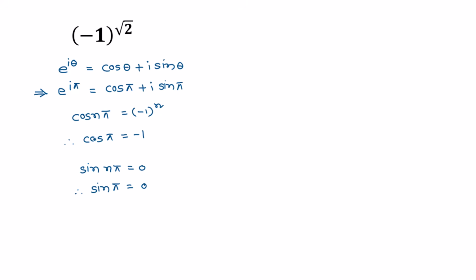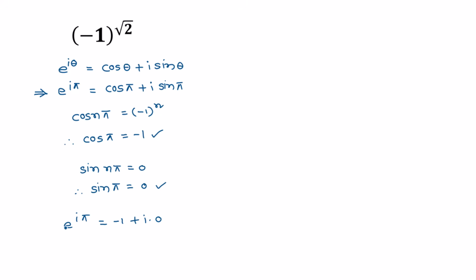Now substituting cos pi is equal to -1 and sin pi is equal to 0 in here, we can write e to the power i times pi is equal to cos of pi, this is -1, so -1 plus i times sin pi, and sin pi is equal to 0, so i times 0, this is 0.